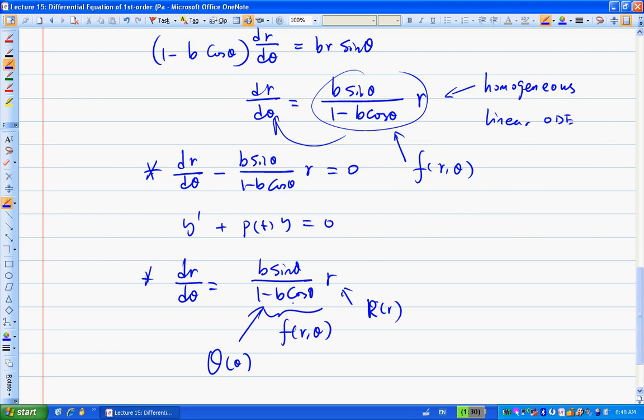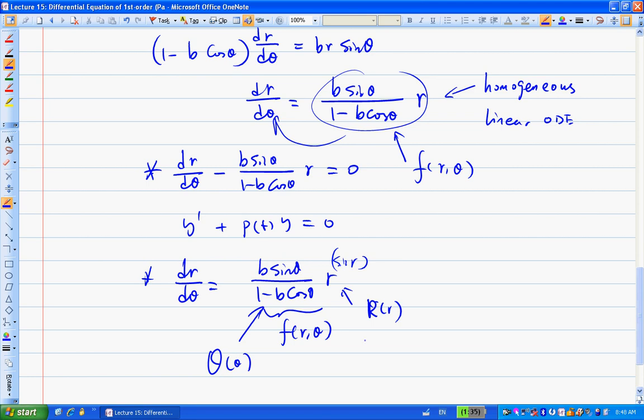So, let's say instead of r, it was sine of r. Would it still be linear? Yeah, it's not going to be linear.